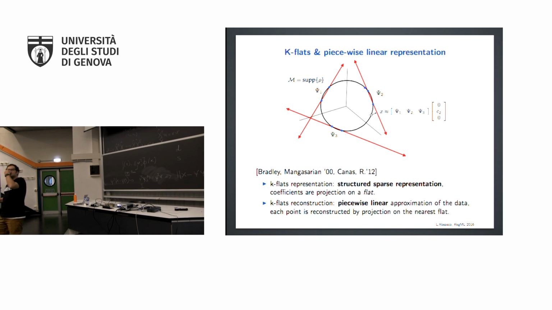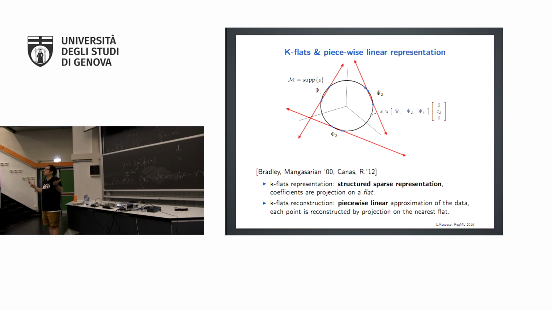I like k-flats because it's a relatively simple and cute idea. I'll tell you a wrong version of doing k-flats that gives you an idea of what it does, okay? Suppose that you do k-means. You have divided the space in regions, and then instead of actually computing the centers, you do PCA inside of each region.